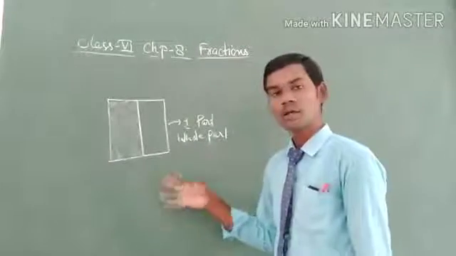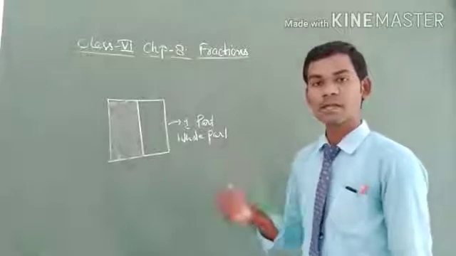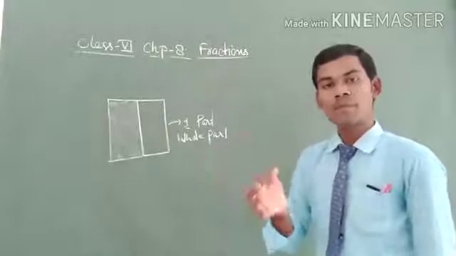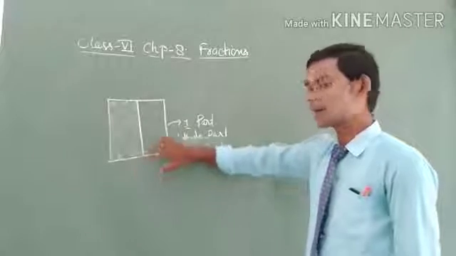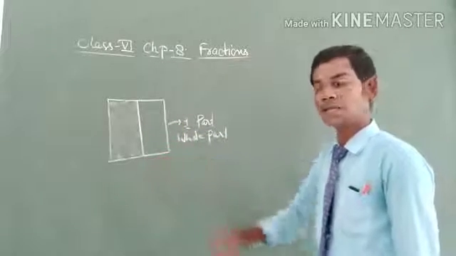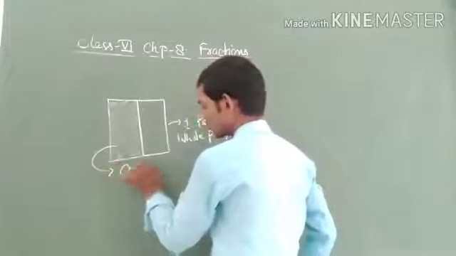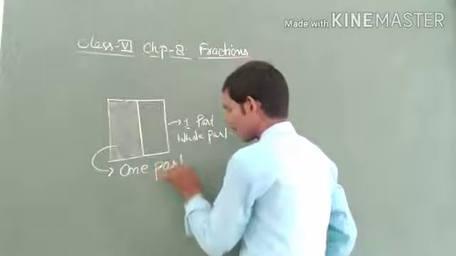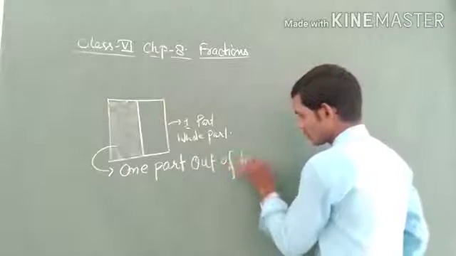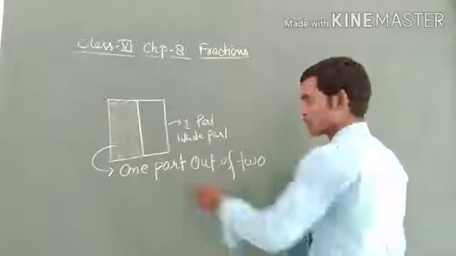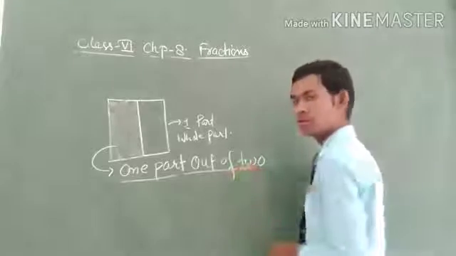So if I ask how much of the square is shaded, we say one part out of two parts. One part out of two has been shaded here. The meaning of this figure is one part out of two.